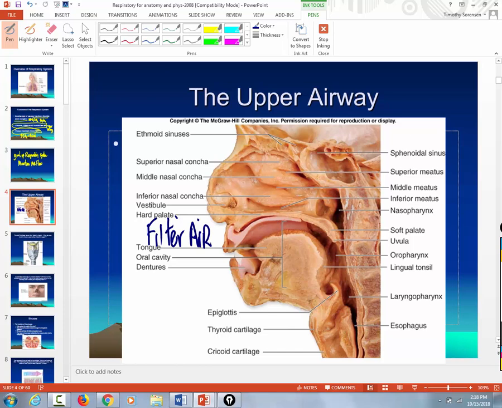So the upper airway is loaded with blood vessels. And that blood is at 98.6, right?